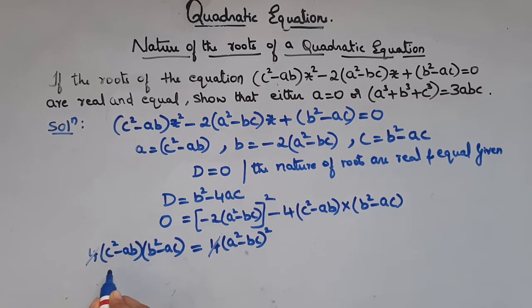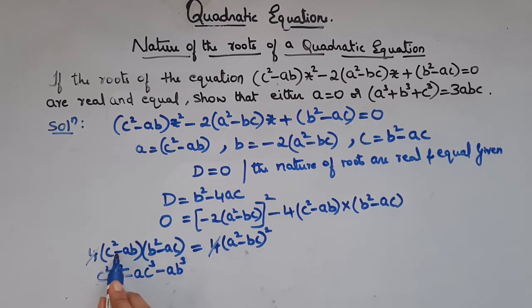So now multiply this. So c square into b square is c square into b square. So plus c square minus ac is minus a c to the power 3. So minus into plus is minus, ab into b square is ab cube.